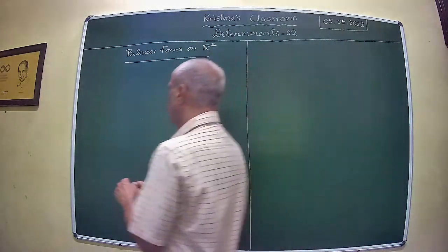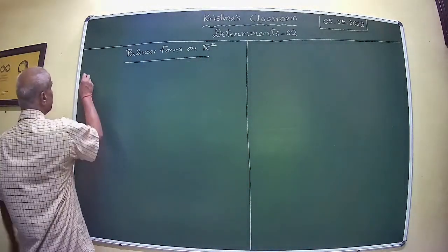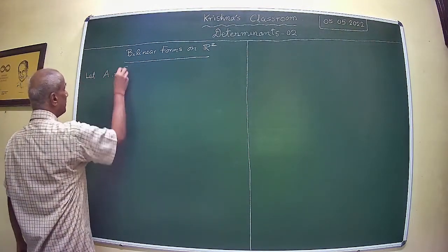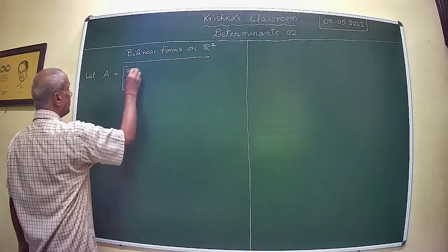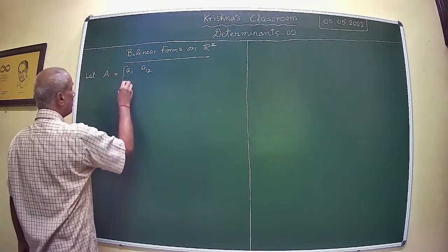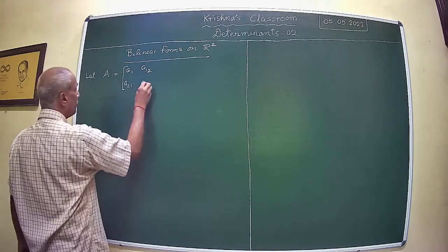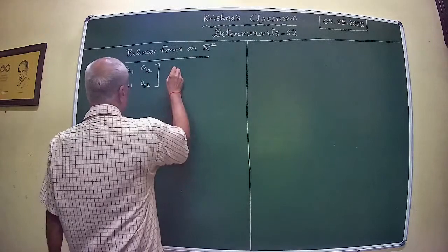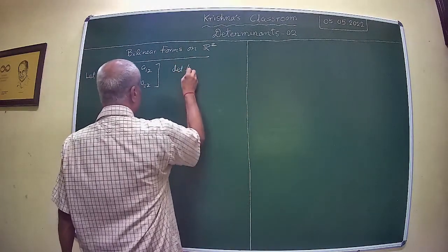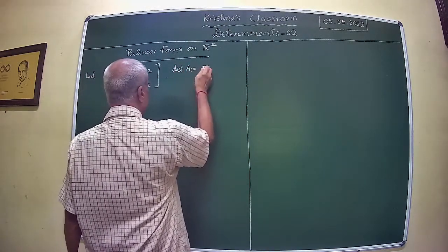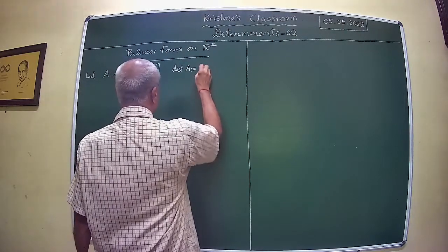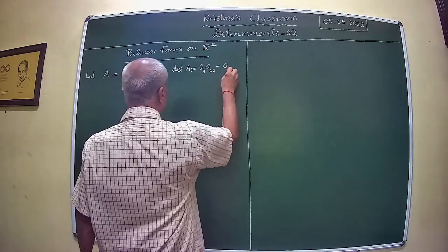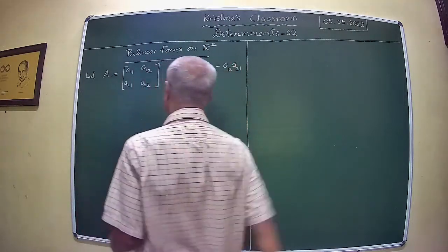If we start with a 2 by 2 matrix A, then we have seen that the determinant of A is defined as A11 A22 minus A12 A21.